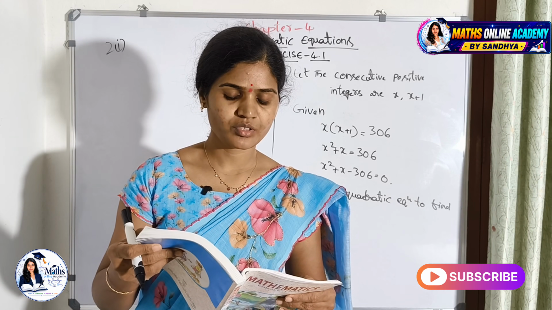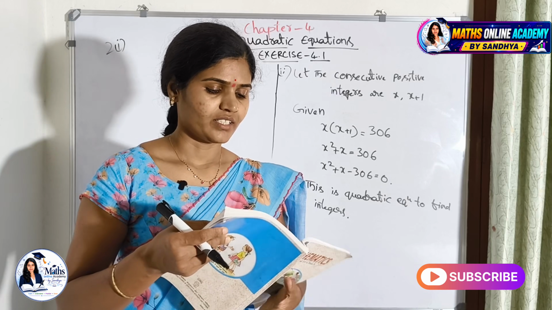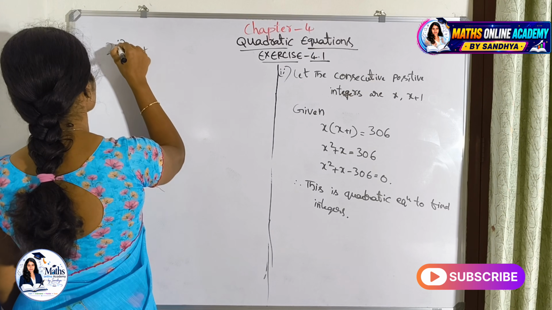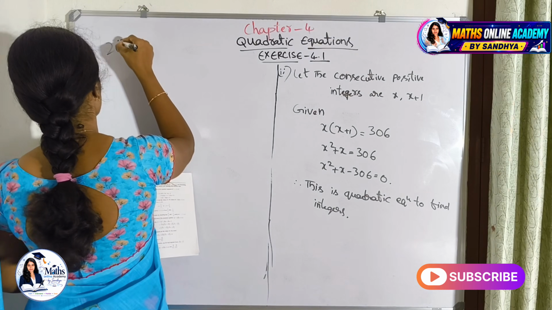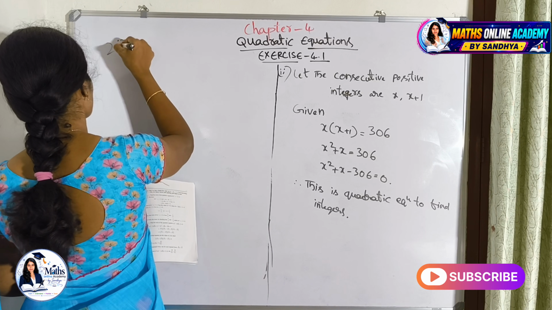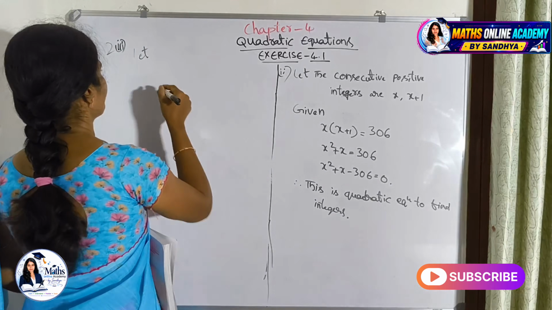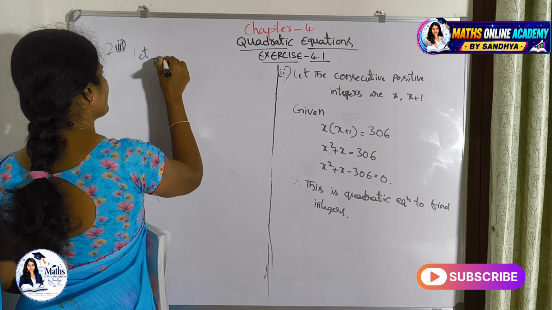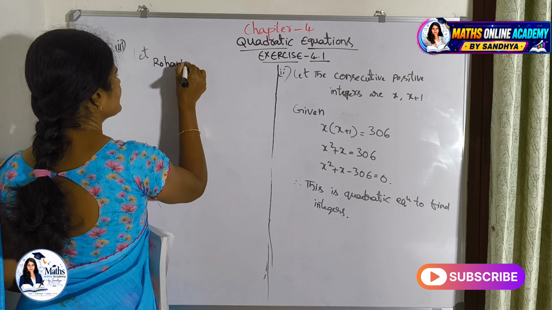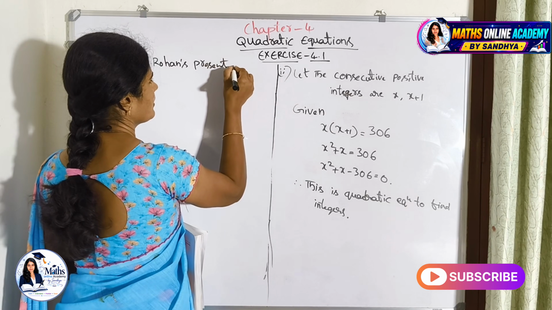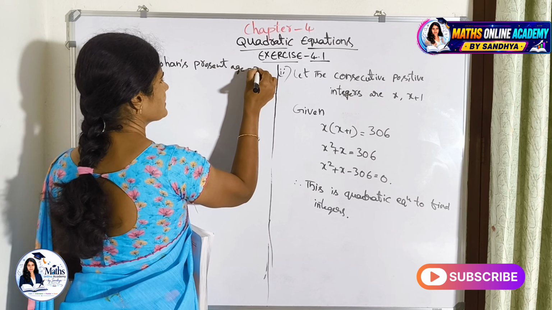What is Rohan's present age? This is question number 3. Rohan's present age is x. Here we are taking x years.